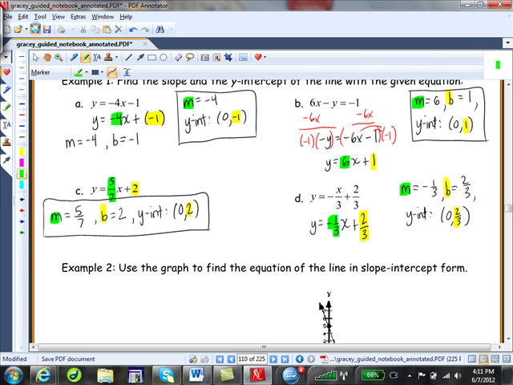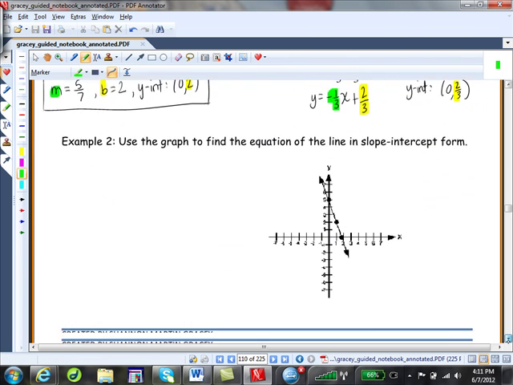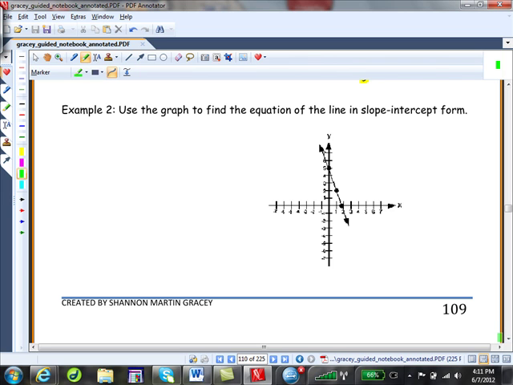All right. Next example, we want to use the graph to find the equation of the line in slope-intercept form. So again, we ought to use 2 points that corner, right? So we've already done part of this problem before.